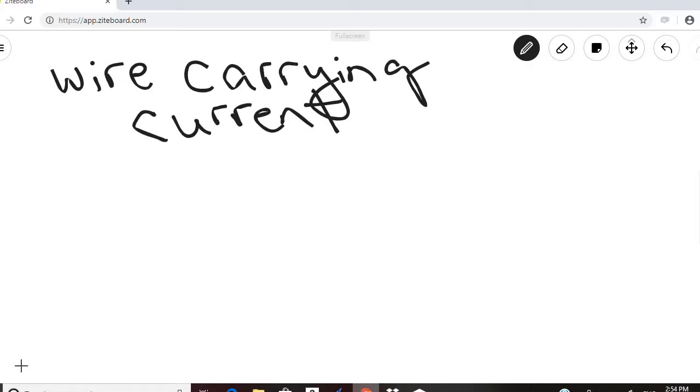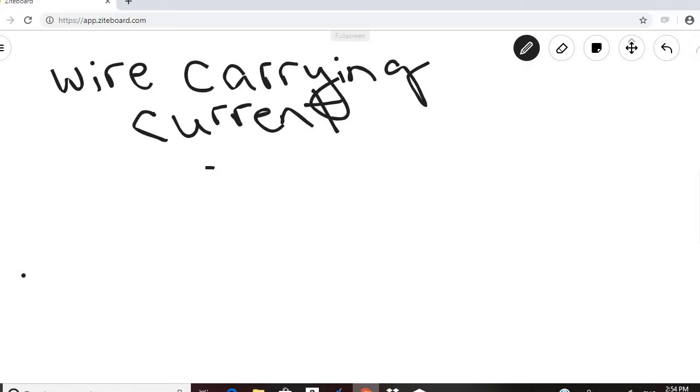When current passes through a wire that is surrounded by a compass, the magnetic field generated by the current is stronger near the compass than Earth's magnetic field, so the compass needle will spin. The magnetic field is a circle and the wire is at the center of the circle. So we can predict the direction of the magnetic field from a wire that is carrying current.